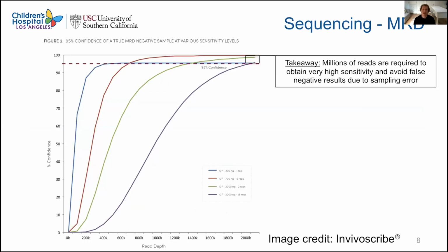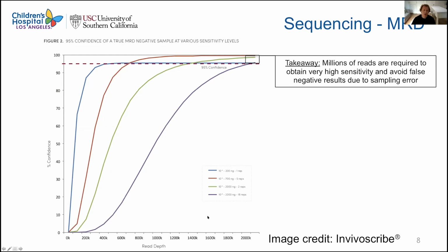So a quick note about sequencing for MRD. We want to make sure that we obtain enough sequencing reads and use enough input DNA such that we obtain a very high sensitivity and avoid false negatives due to sampling error. So here's some modeling that's been done by InVivoScribe. It helps you think about this.